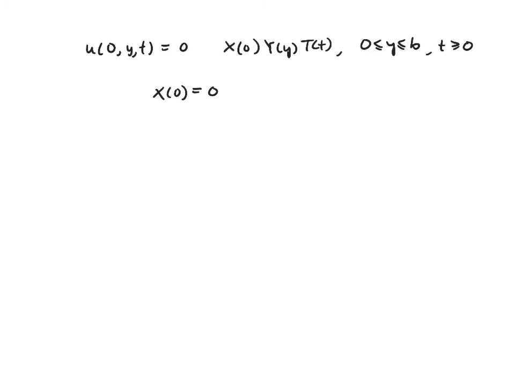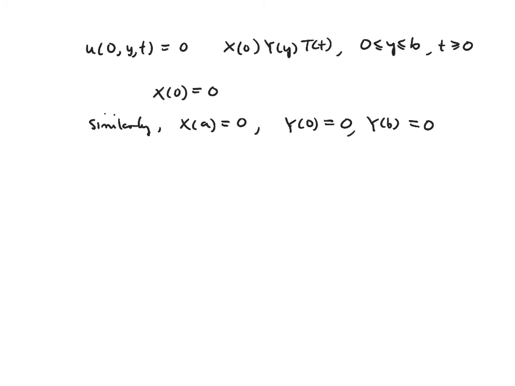Okay, and so if we perform the same analysis, we would find that x at a is equal to 0, and then y of 0 is going to be 0, and y of b equals 0. It all works the same way. Of course, there are no boundary conditions on t.